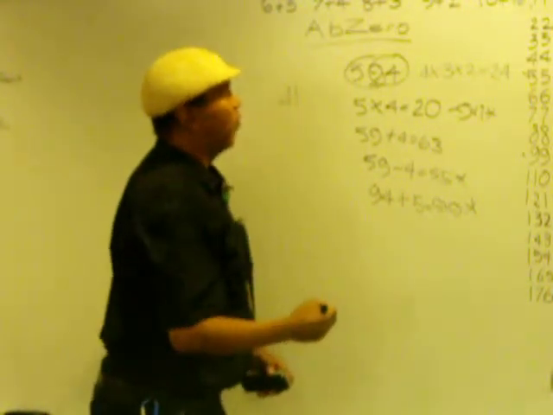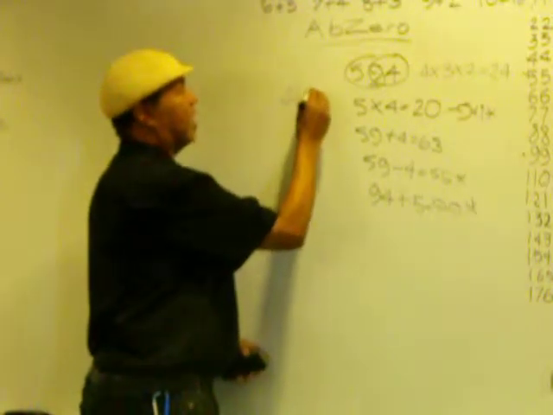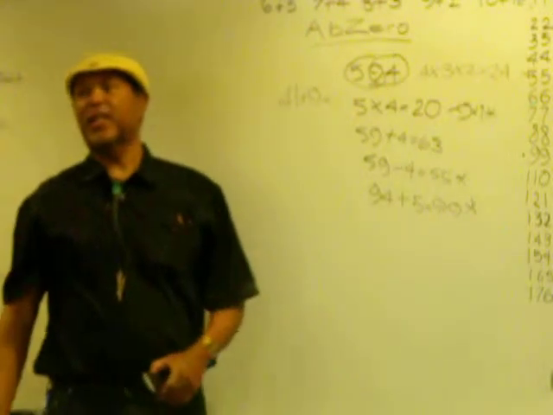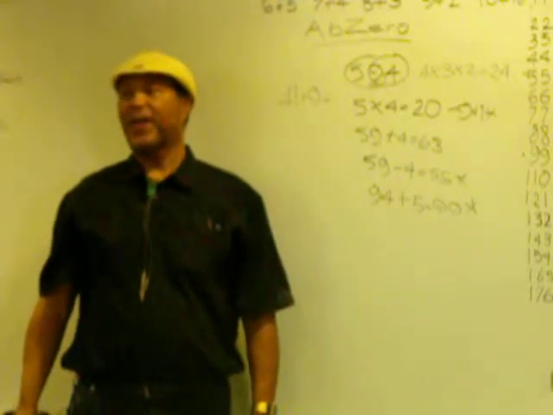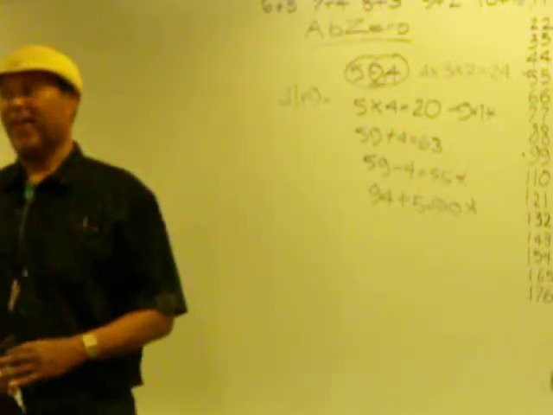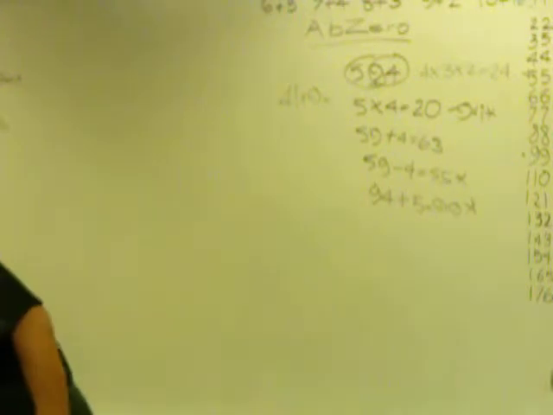That equals 24. Plus 9 equals what? 24 plus 9. 33. Absolutely perfect.